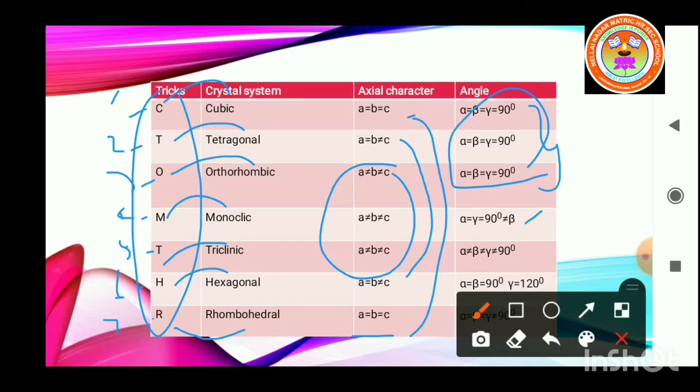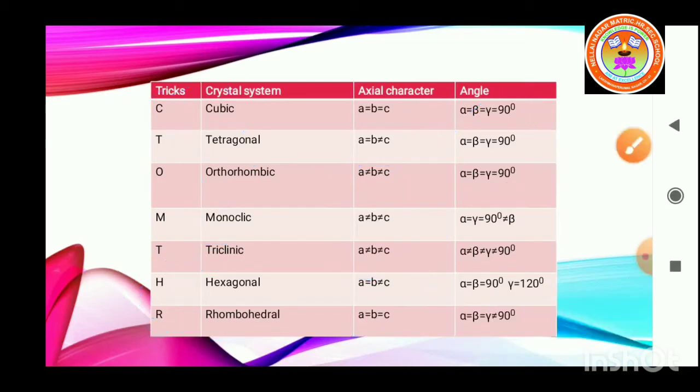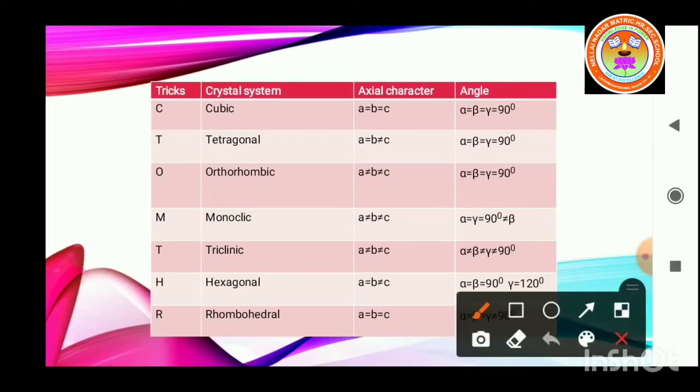Okay, this is similar to rhombohedral. What is the condition for rhombohedral, students? Here also alpha equal to beta equal to gamma, that is not equal to 90 degrees. Okay, and see, the next one is triclinic, another one is hexagonal. What is the condition for triclinic?